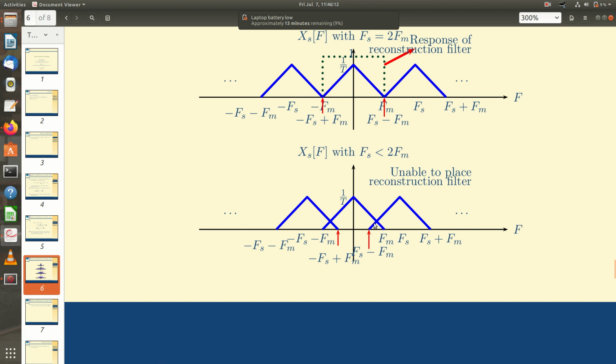But in certain applications this is not a problem, like video signal processing, where you go for sub-Nyquist sampling. For speech signals, we sample at a frequency greater than 2Fm, sometimes 8 times the analog frequency.